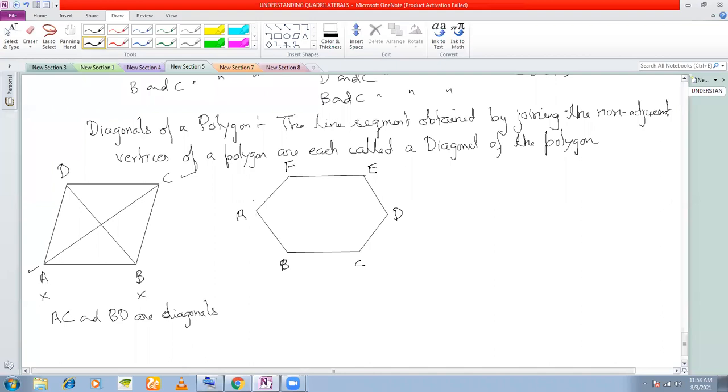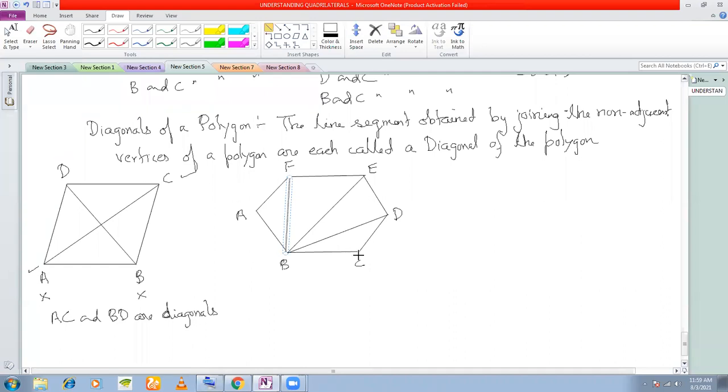What are the non-adjacent vertices? First of all, B and D are non-adjacent. You join them. This is one diagonal, right? B and F are also non-adjacent, so you can join this. Another diagonal you'll get, right?